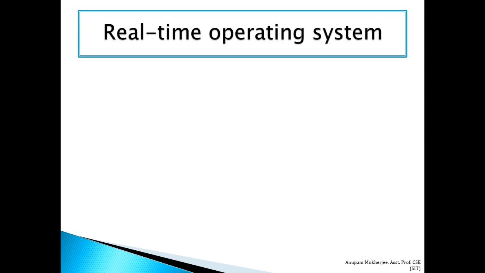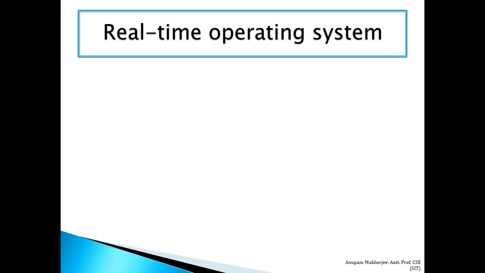Now we focus on the real time operating system, RTOS. RTOS is used in situations like operation in a nuclear plant, missile launching, or control systems in the power plant industry, where response time is very crucial. A fast response within a specified time interval is a must.